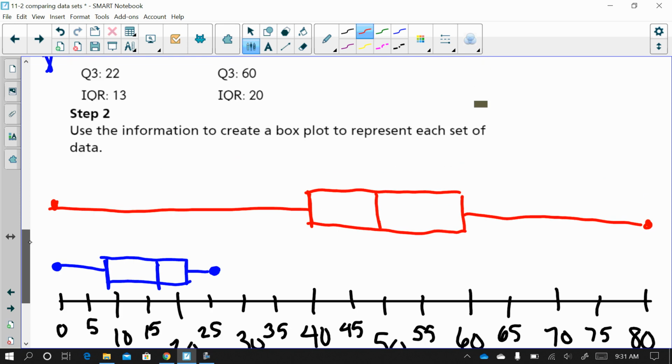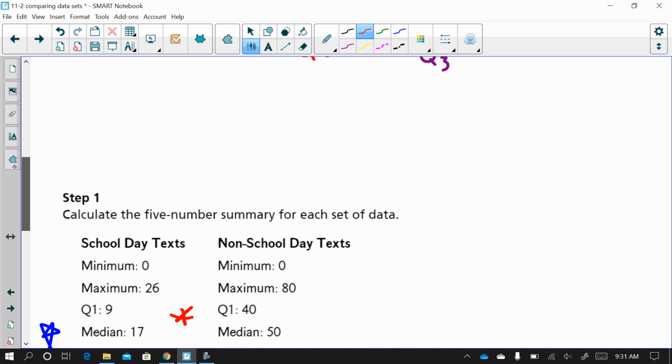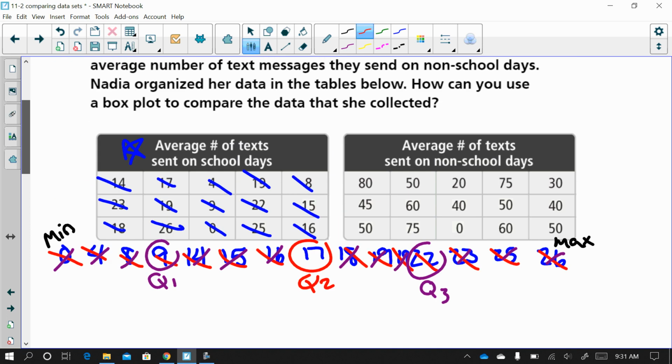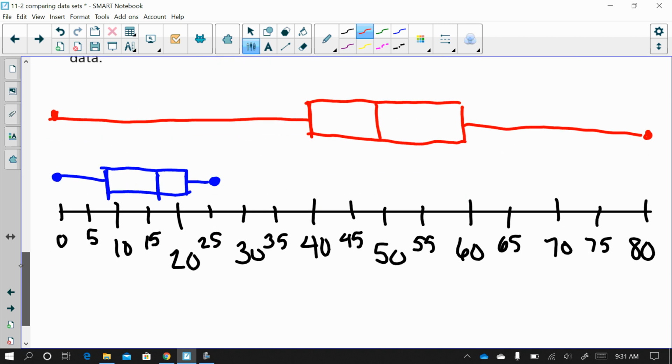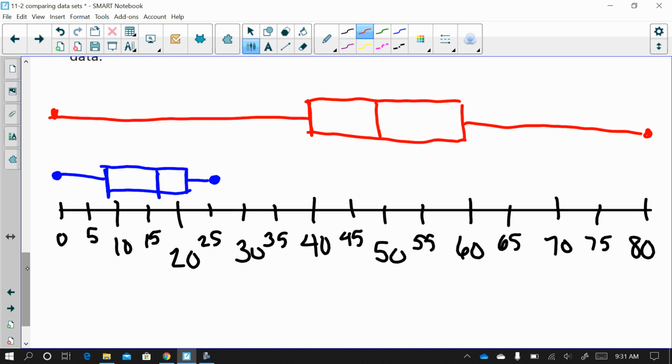So, what do we think? We are comparing these. Well, first thing you should see is that the non-school day texts have a much, much larger spread. Look how big that box is compared to our little blue box. So you should be saying non-school days, we have a much larger spread of text messages.